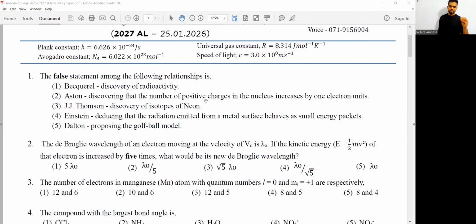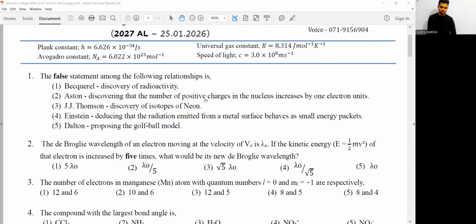Okay, right. Then the fourth and fifth answers are supposed to be correct, right? Look at what is given. Einstein deduced that radiation emitted from metal surfaces behaves as small energy packets, right? So you can underline small energy packets and write that there was a name for this. Einstein called them photons, P-H-O-T-O-N.